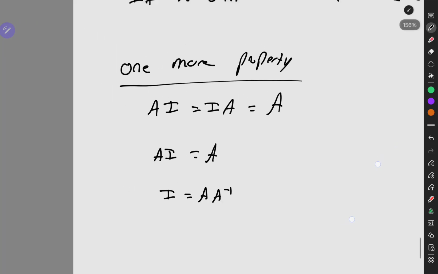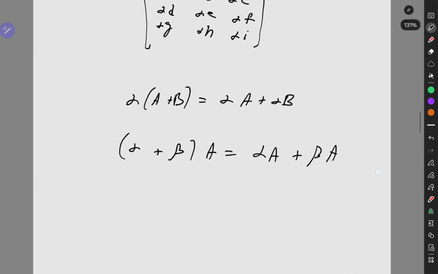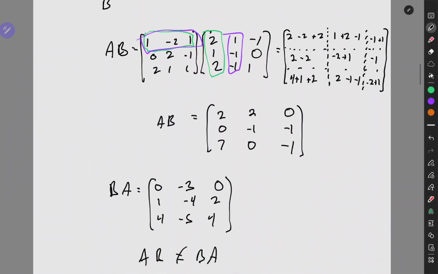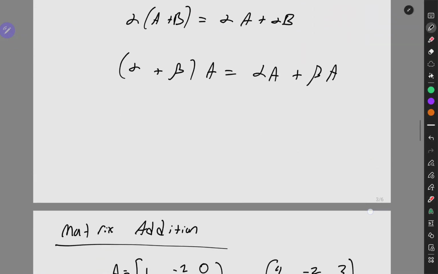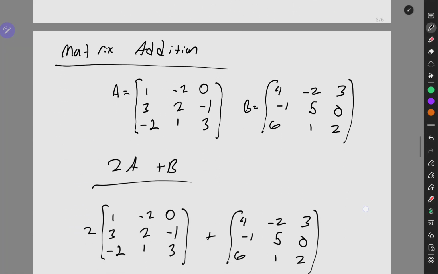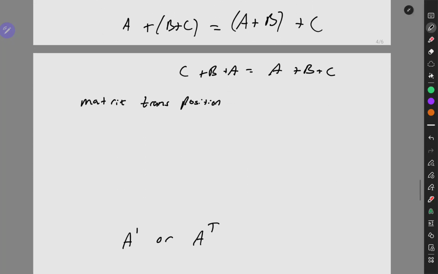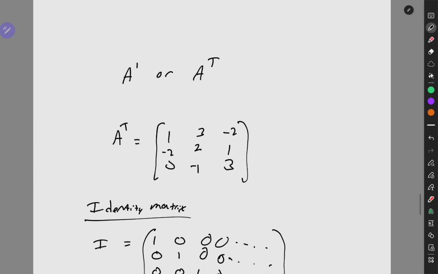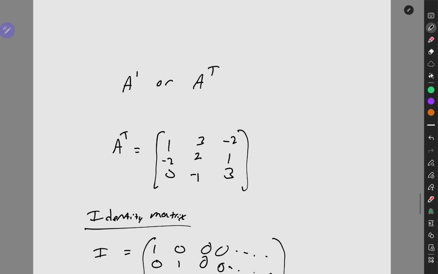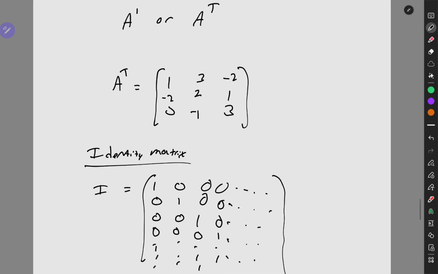So I hope you enjoyed this video. We went over multiplication, basic stuff, addition down here, some scalar multiplication of matrices, some addition here, and then the transpose of a matrix. You just change the rows into columns. You just interchange them.